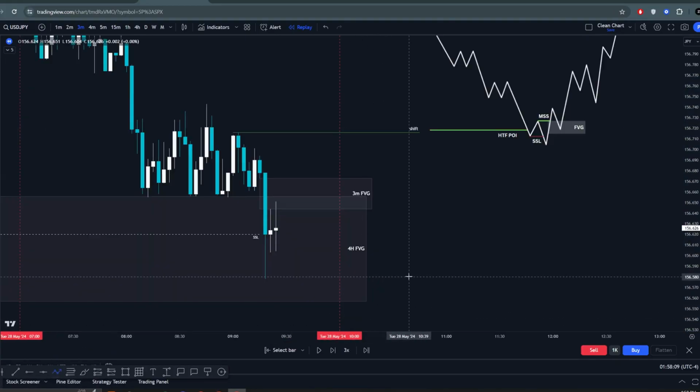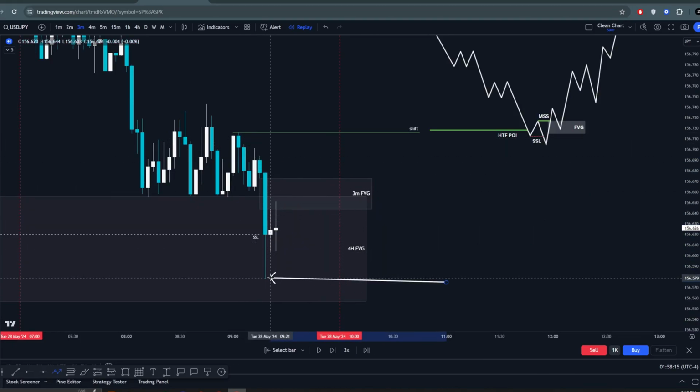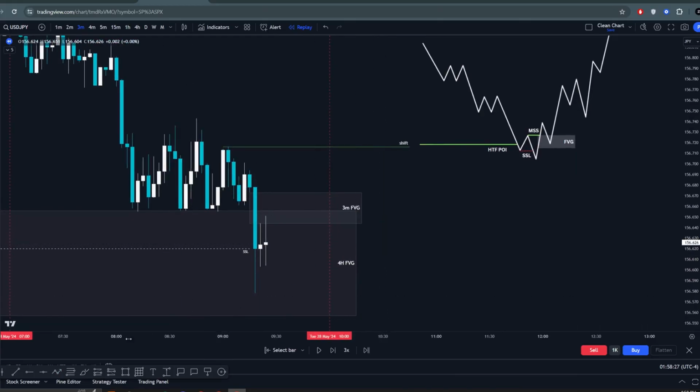That's why, for example just like this one, when our last swing high is kind of far from the sell side liquidity sweep, I use this fair value gap right before the sell side liquidity sweep. This right here can be used as an inverse fair value gap. If you already watched the other videos, I expect this fair value gap to be respected and traded back into once again.